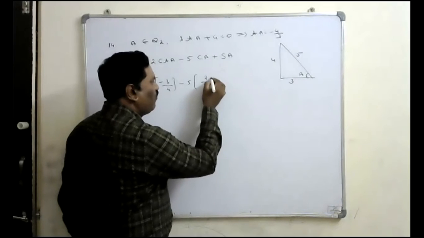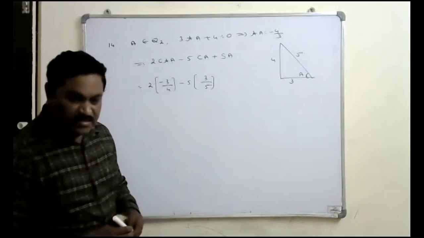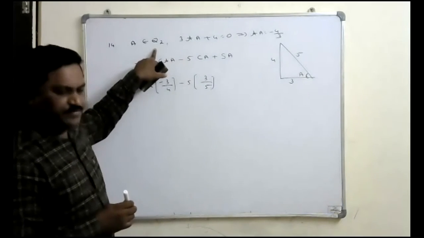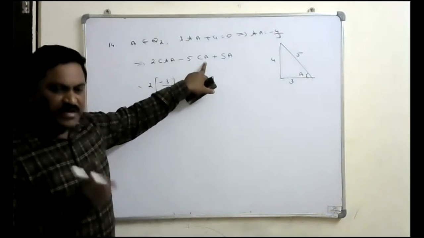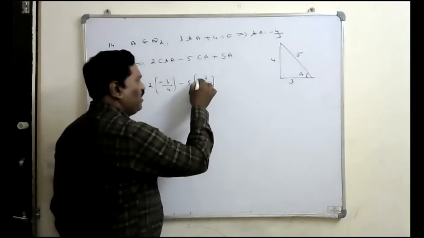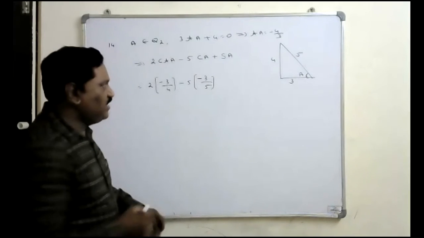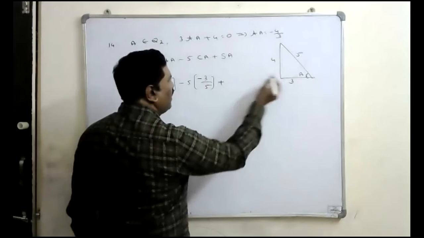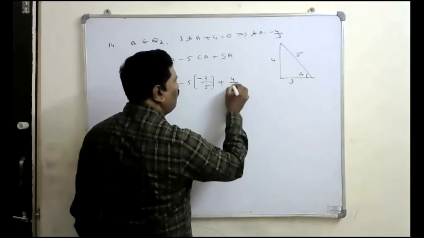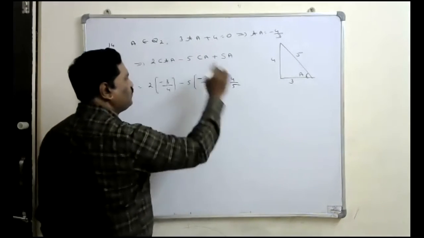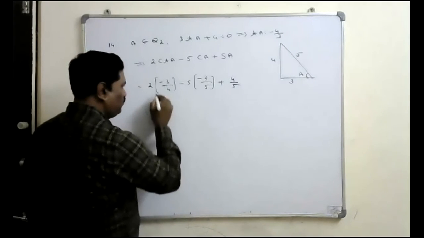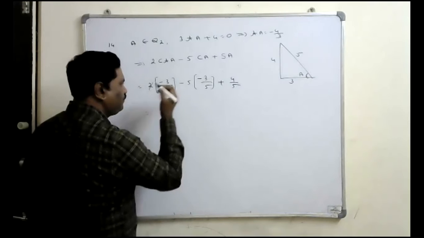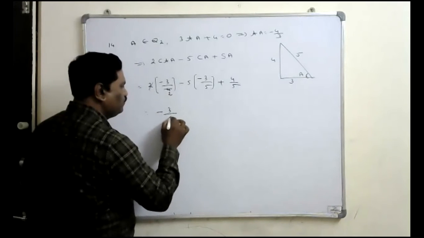So take the value from the triangle and take the sign from the quadrant. A is in the second quadrant. In the second quadrant, cos is negative. That's why we have the minus sign. Plus sin A. From this, sin A is 4 by 5, and in the second quadrant the sign is positive, so we get plus 4 by 5. Now the LCM: the 2s get cancelled here, so it is minus 3 by 2.